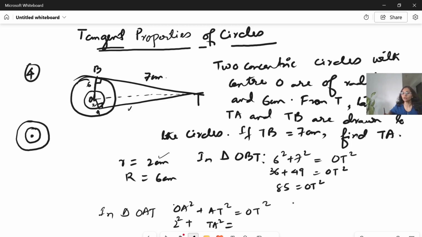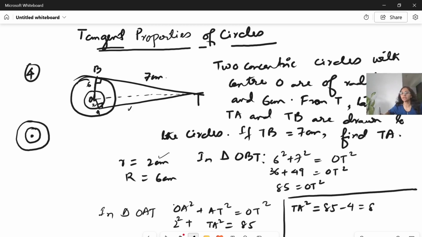TA square, OT square we calculated 85. So here we will write 85, right? Now just solve it. So we can write TA square equals 85 minus 4 which is 81, which means TA is root 81 which is 9 centimeter. So they told us to calculate TA and we can get TA in this manner. By using Pythagoras theorem, we are getting TA as 9 centimeter and we are done.